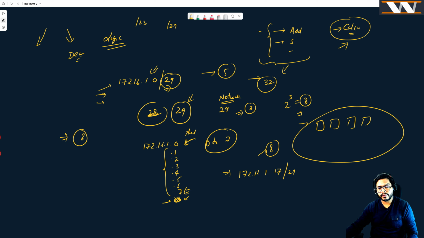So you must be thinking from 0 to 7 was taken by the first subnet. From 8 to 15 was taken by the second subnet, and we are talking about the third subnet here. And for the third subnet, the starting number is .16, which is your network number. So the network number of this host is going to be .16, and you can add 7 on top of it. Like 23 is going to be your last address.